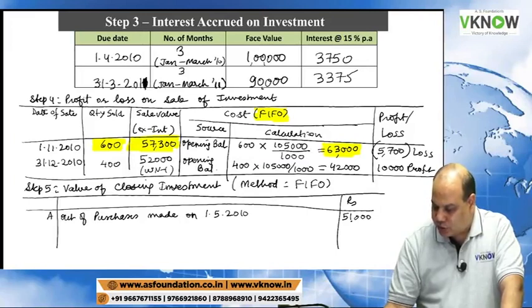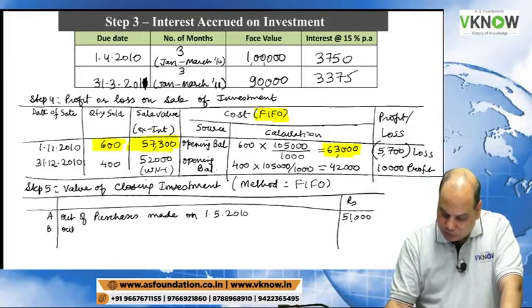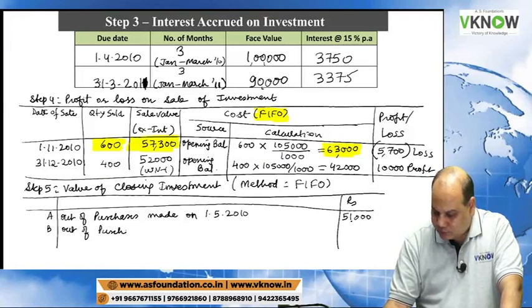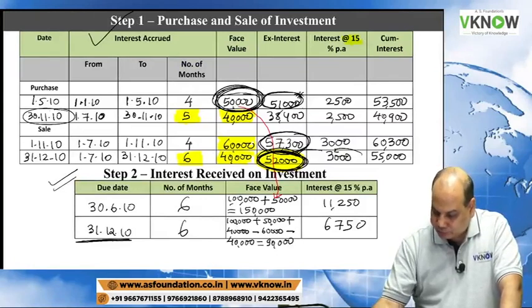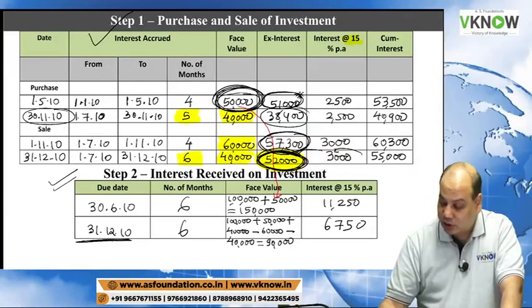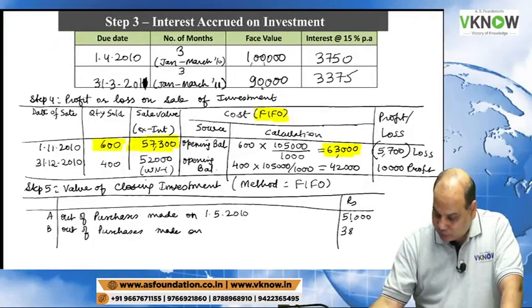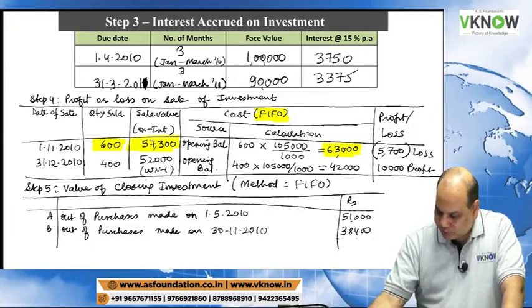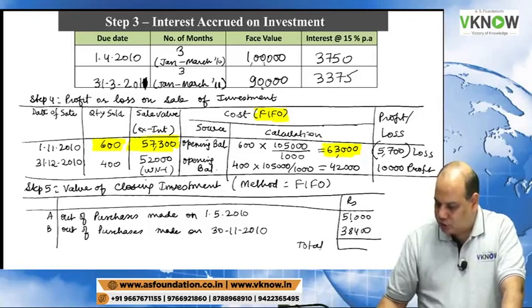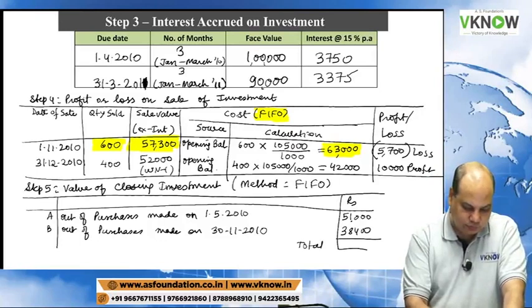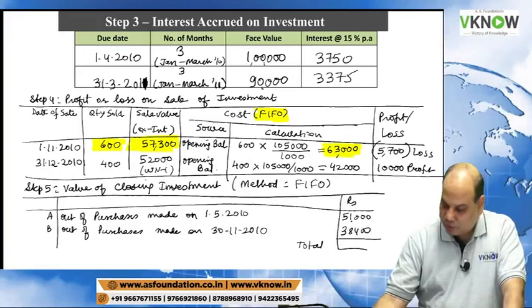This is still in the closing balance. And B, write down out of purchases made on 30th November 10, the second lot, the ex interest amount is 38,400. So total is 51,000 plus 38,400 is 89,400.